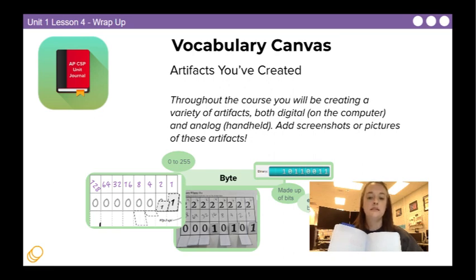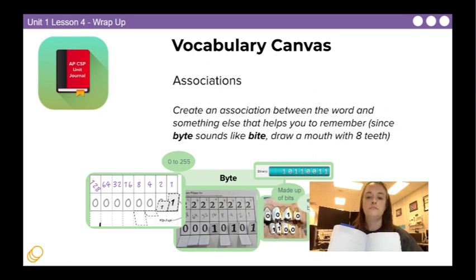If we were doing this digitally, you could literally add a picture of your flippy-do and do it that way. You can create an association between the word and something else that helps you to remember. Since byte sounds like the word bite, you could draw a mouth with 8 teeth if you're feeling very creative.